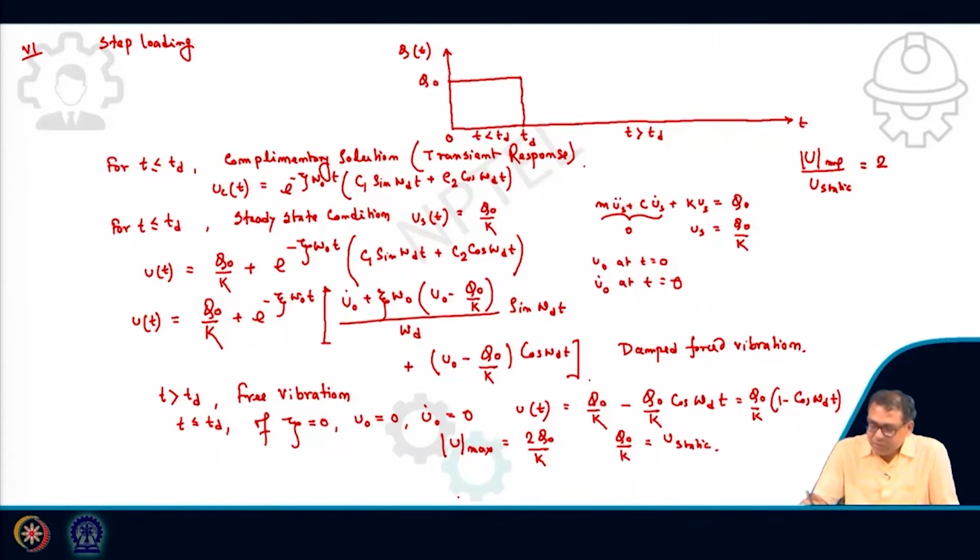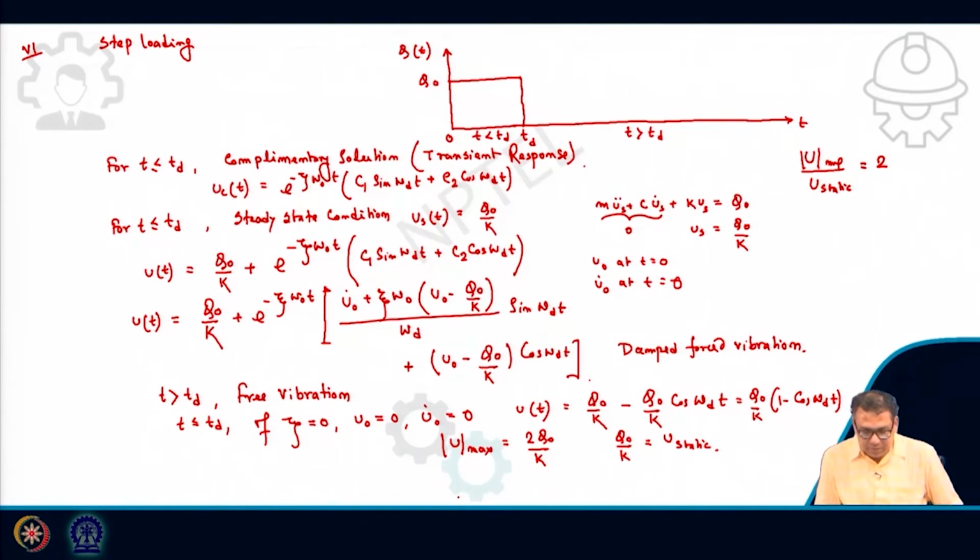So this way I will get the maximum response, and I have discussed all 6 conditions. From there you will get the maximum response. Now how I will get the response spectra from here, we'll discuss.